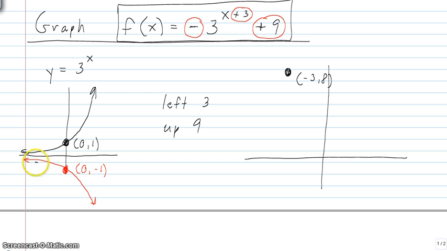And then, of course, the horizontal asymptote would also have to shift up by 9, so we'd have a horizontal asymptote up here at y equals 9, and the shape of the graph would be the same as this red one that we drew, reflected.